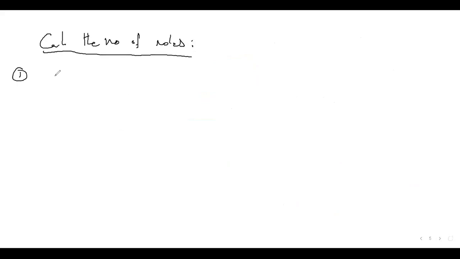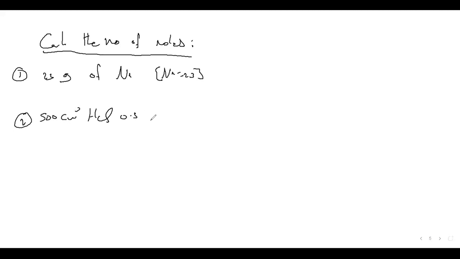For example, calculate the number of moles for each of the following. Number one, 23 grams of sodium, knowing that Na equals 23. Calculate the number of moles of 500 centimeter cubed HCl, 0.5 mole per decimeter cubed.